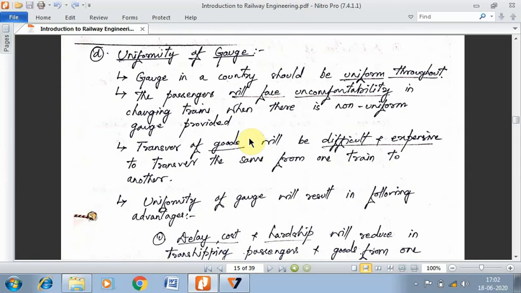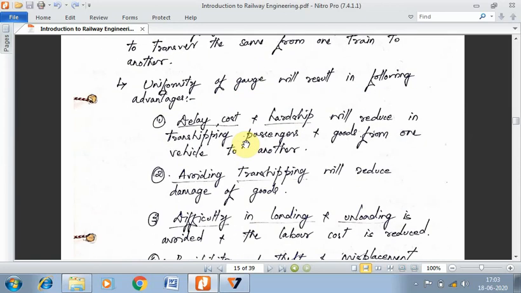There are different gauges as you are already aware of, and you have already understood the various factors influencing selection of a gauge. Now it is required for you to understand about the uniformity of gauge.